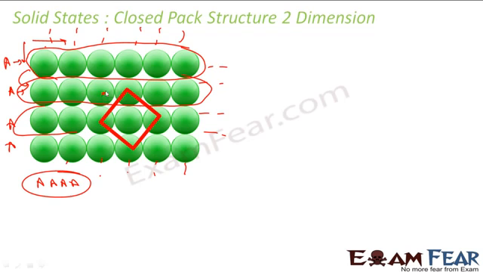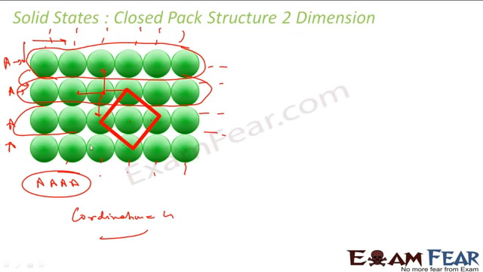How many spheres is it in contact with? 1, 2, 3, 4. So this sphere is in touch with 4 other spheres. So the coordination number is 4. Obviously, because each sphere is in touch with 4 spheres. Talk about this sphere: it is in touch with 1, 2, 3, 4 spheres. So the coordination number is 4.